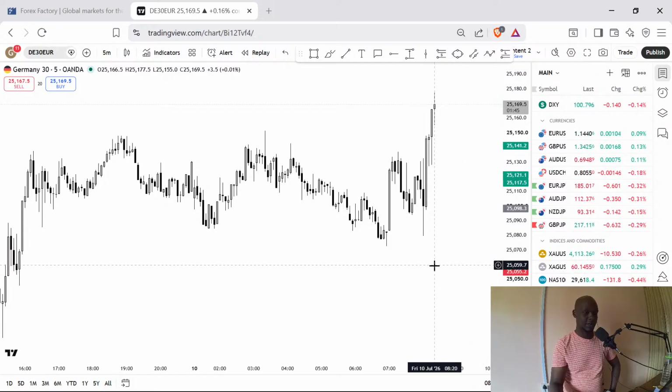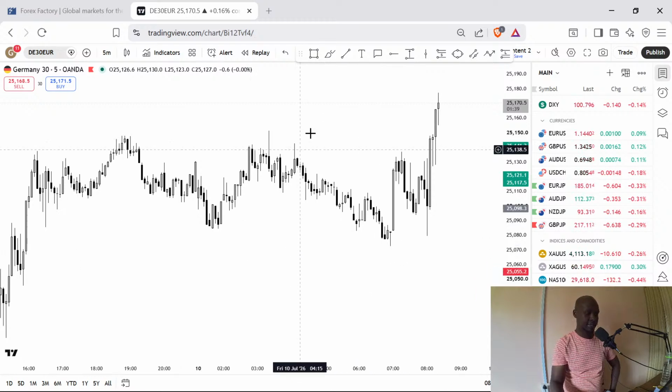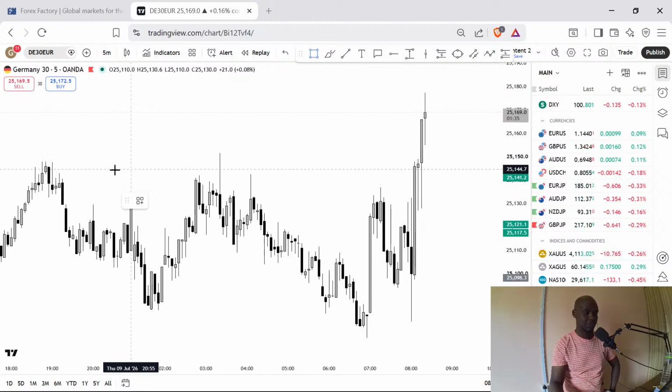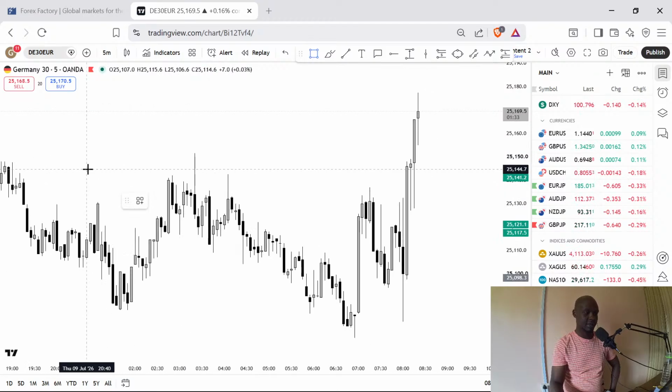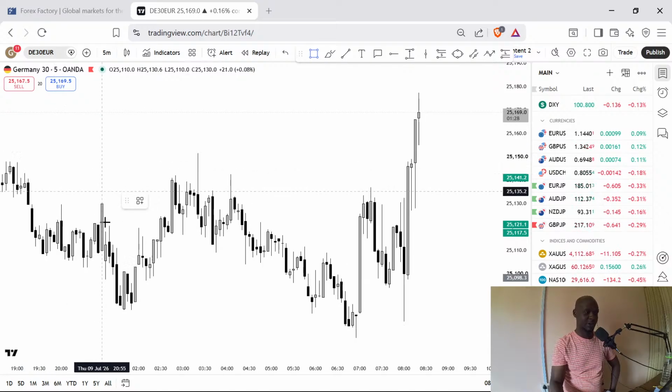Now I might be interested in the DAX because we are now starting to push out. The DAX was just moving sideways throughout the Asian session, because we had this high and this low, and price just played around these two areas.